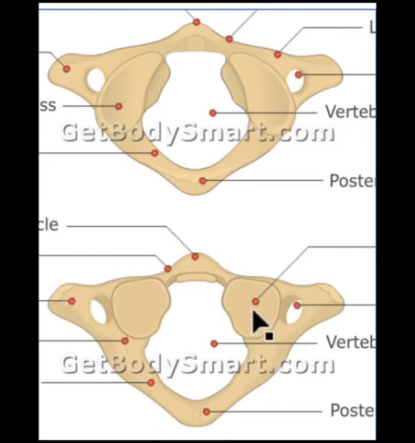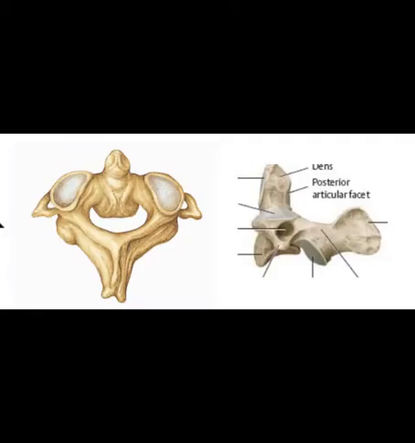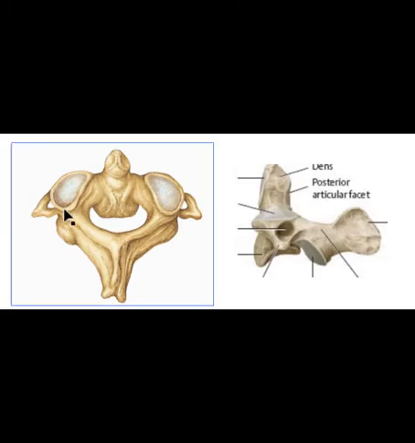For this to make a joint with the C2 vertebra, the superior articular process of the lateral mass of C2 has to lie anteriorly as well. This is exactly what we see with the C2 vertebra.